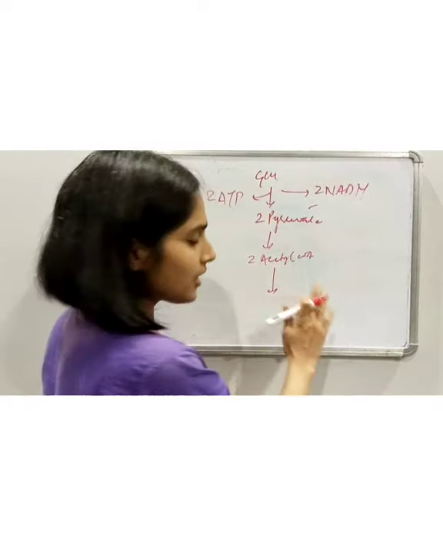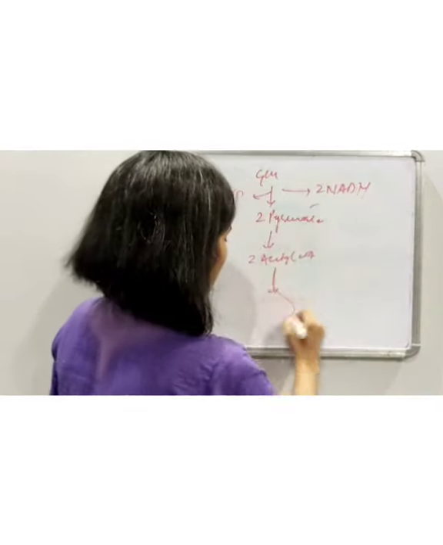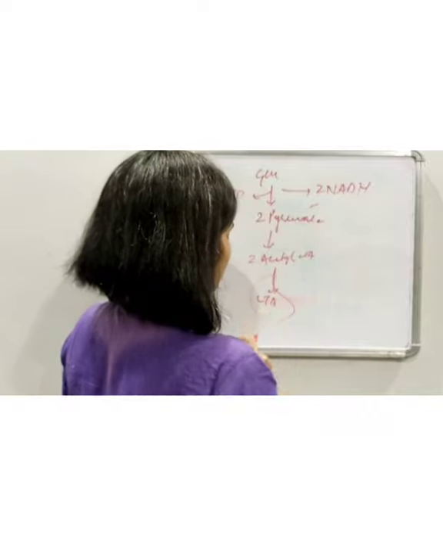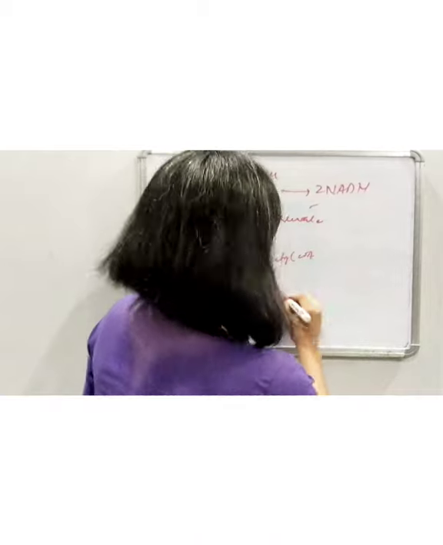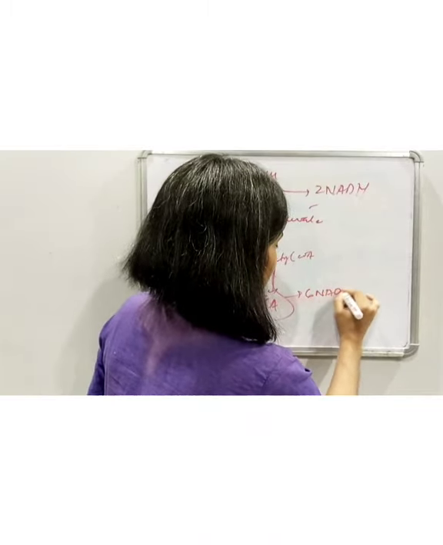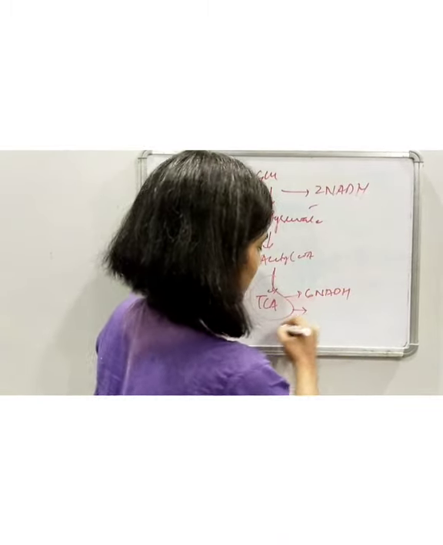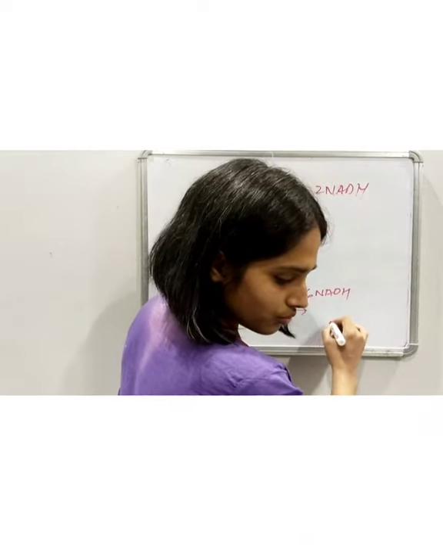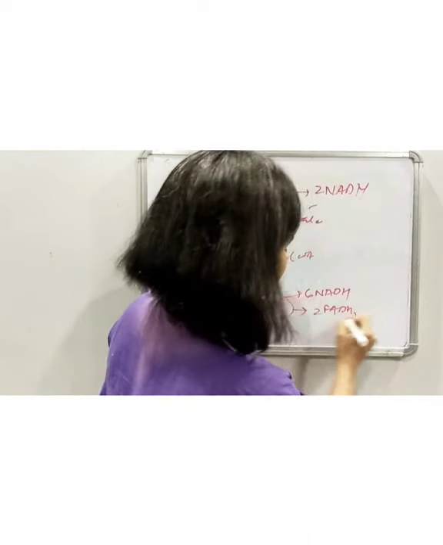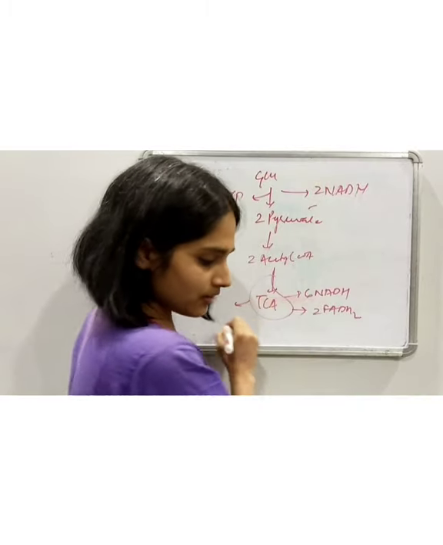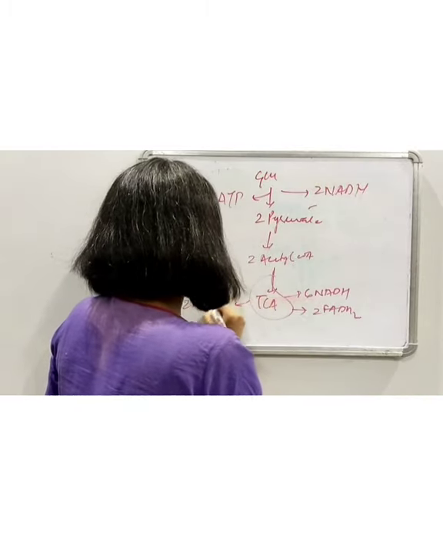So 2 acetyl coenzyme A will enter the citric acid cycle, and it will generate 6 NADH, 2 FADH2, and 2 ATP or GTP.